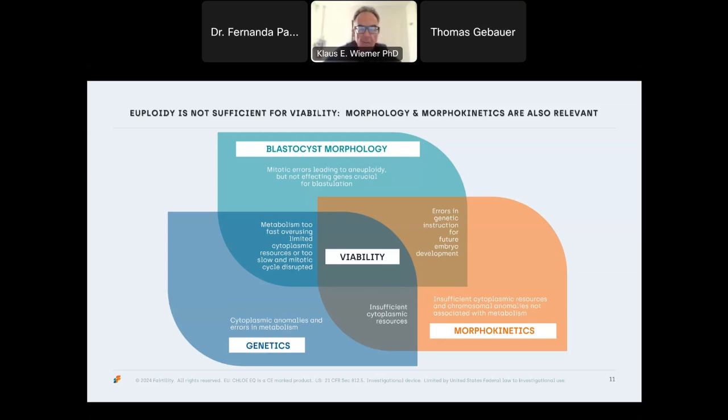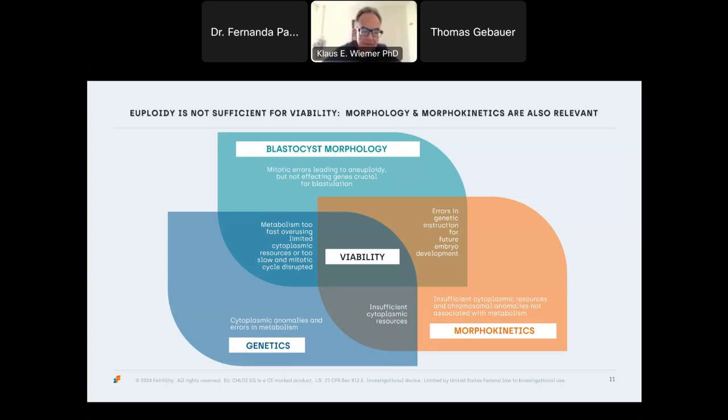And the reasons why are, for example, in blastocyst morphology, we can have meiotic or mitotic errors that occur, and these don't affect genes that are critical for blastulation. From a metabolic aspect, metabolism can occur too fast, and therefore we utilize all of our resources, which can affect embryo development.